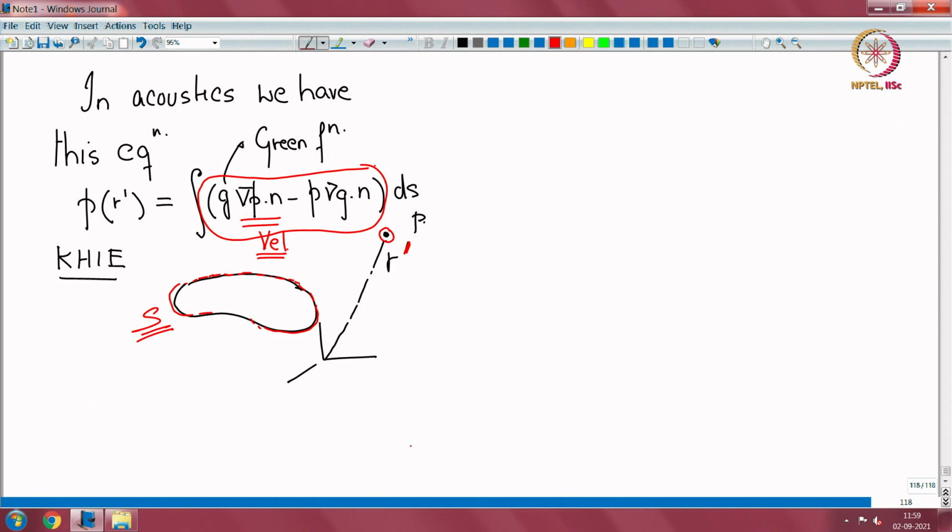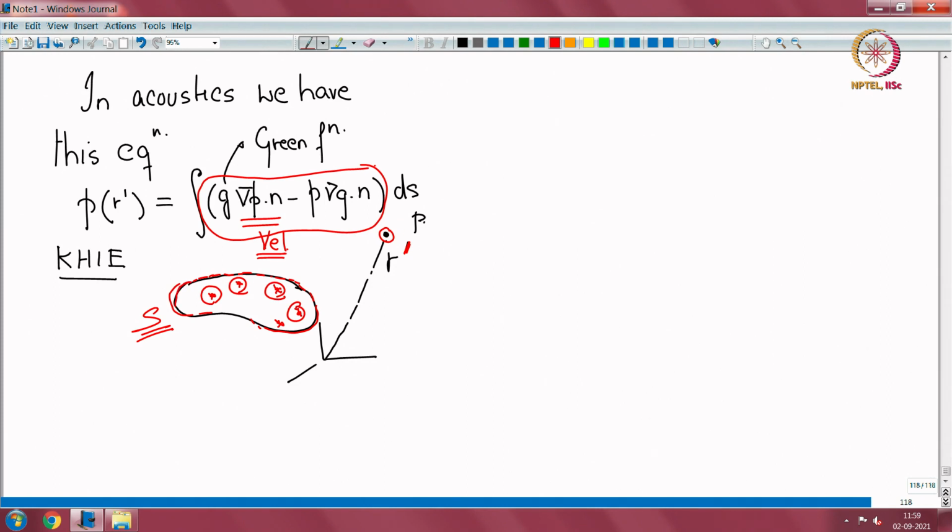So suppose there were sources here, whatever number of sources, whatever the nature of sources, you would have computed using each source and added it up. Doesn't matter.